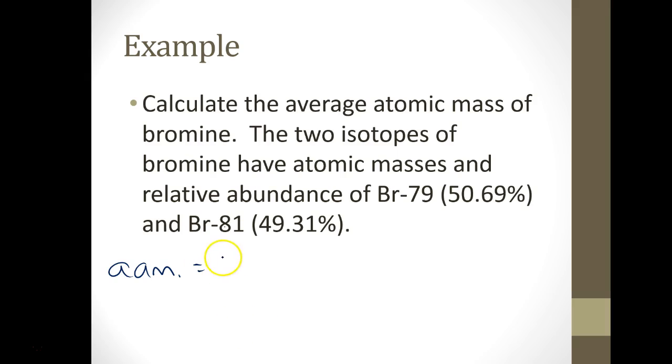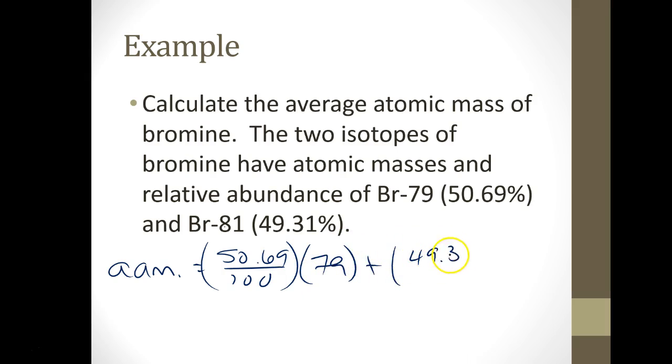50.69 over 100 times 79, add it to the next one, 49.31 over 100 times 81. Type it in. If you have a graphing calculator, you can just type it straight in without having to do anything other than type it in.